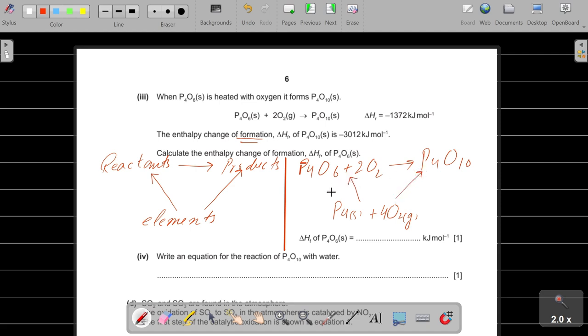So the thing is, P4O6 combined together, so this amount of energy is released, it is minus 1372. The formation energy of P4O10 is mentioned, it is being formed, minus 3012.